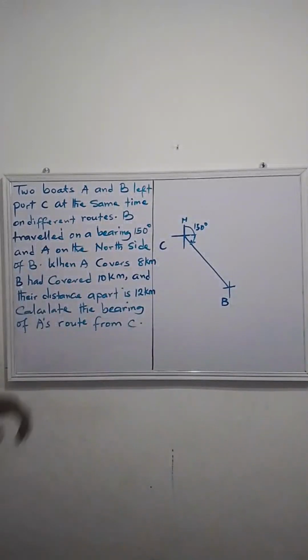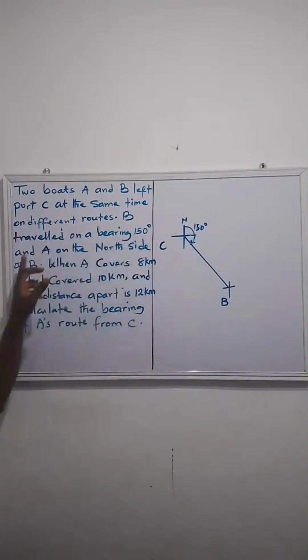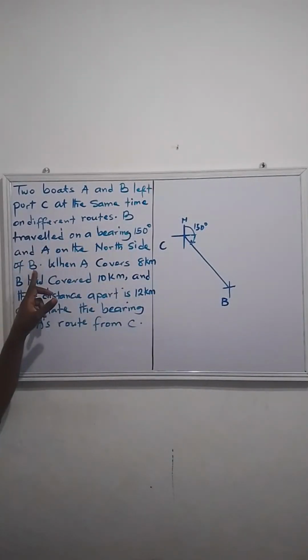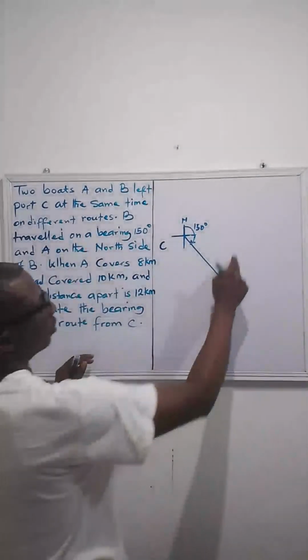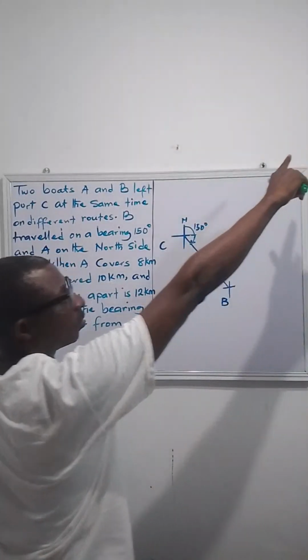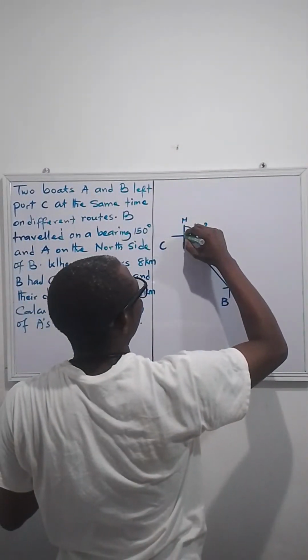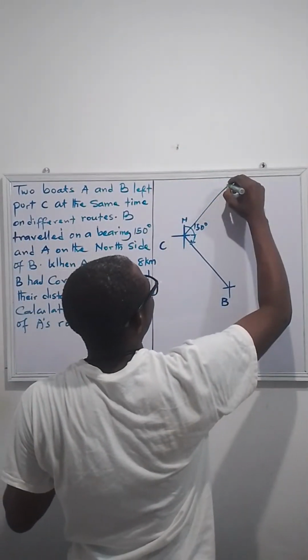Now B traveled on a bearing of 150 degrees and A is north of B. North side of B is up here, so that means A will go in this direction.